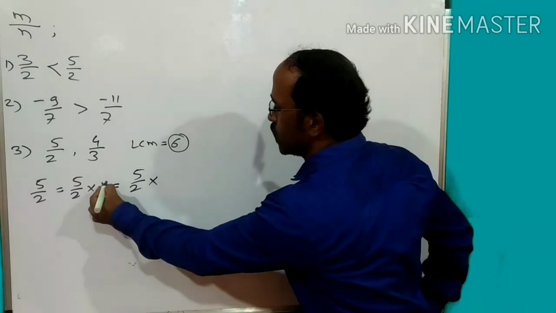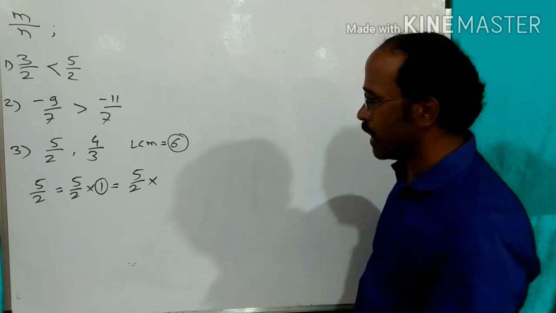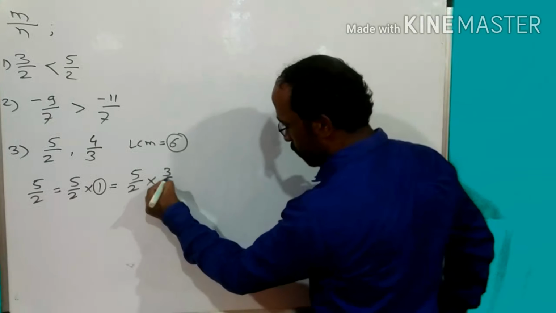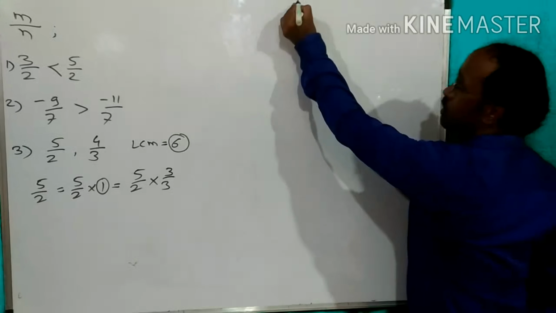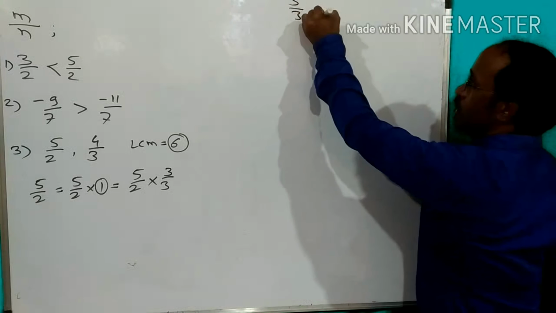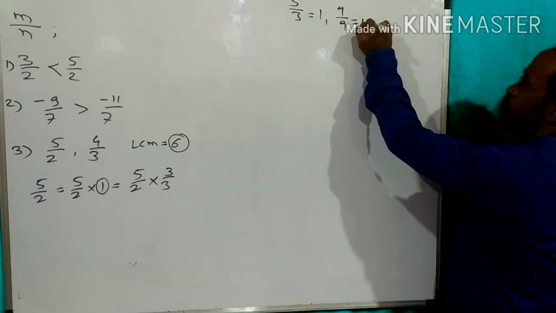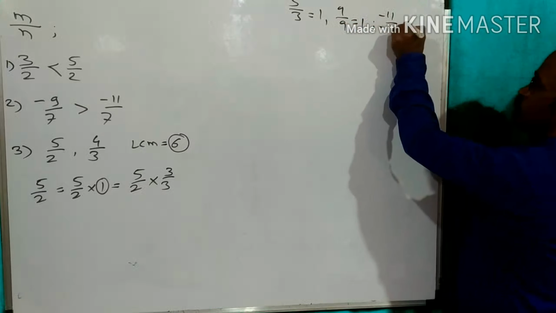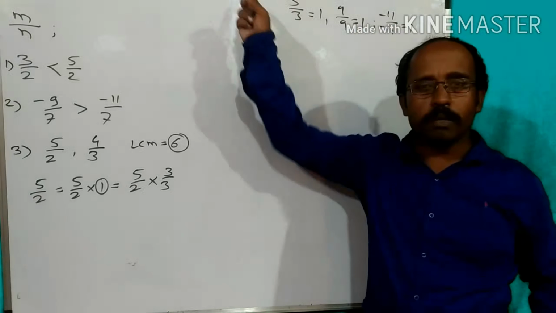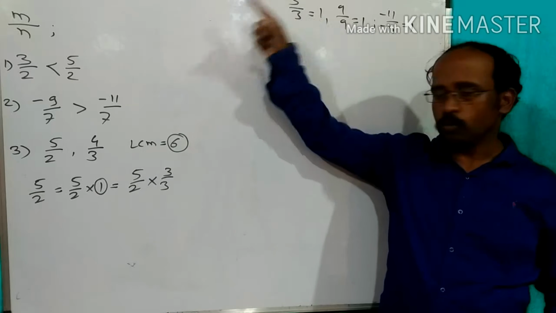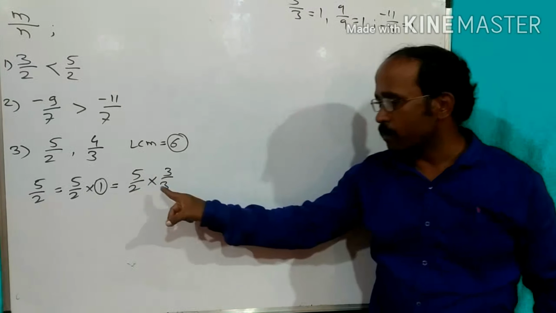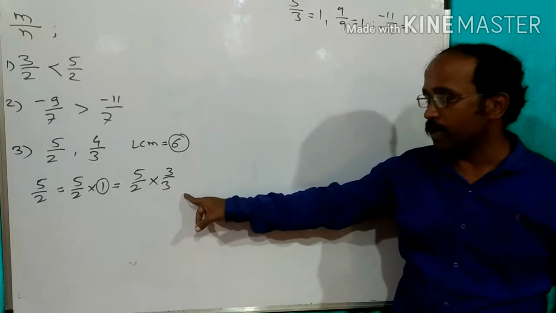multiplied by, this 1 can be replaced by any number like 3 upon 3, because 3 upon 3 is equal to 1, 9 upon 9 is equal to 1, minus 11 upon minus 11 equals to 1. Any number divided by itself, answer is equal to 1. So this 1 can be replaced by 3 upon 3. And why replace by 3?